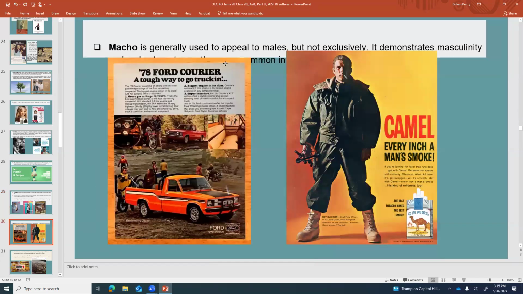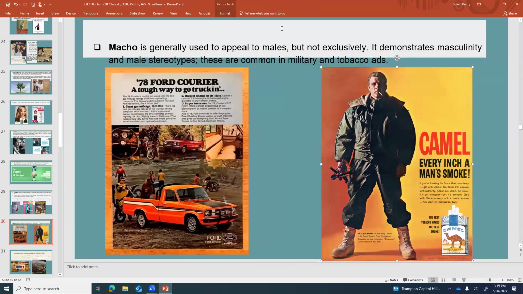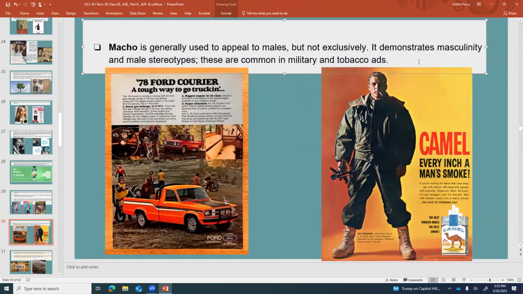Okay, macho. Oh, sorry, things moved over. Macho is generally used to appeal to males, but not exclusively. It will demonstrate masculinity and male stereotypes. These are common in military and tobacco ads. Now, these are older ones. They do still exist these days, although I find there's a lot of pushback against these.